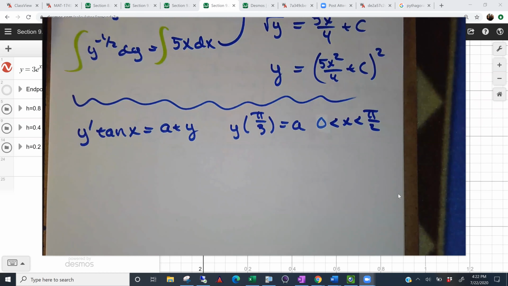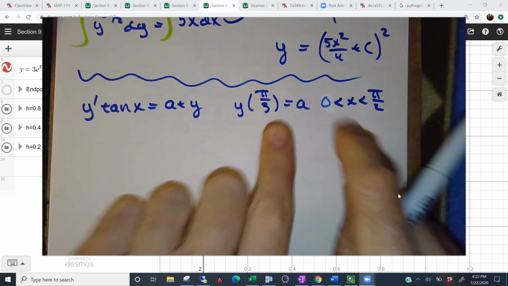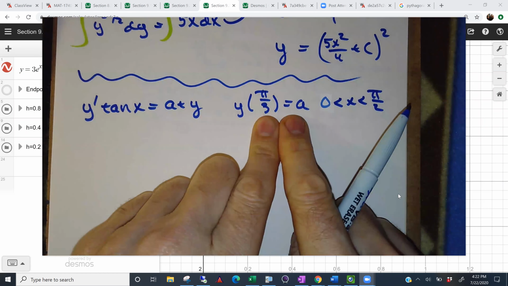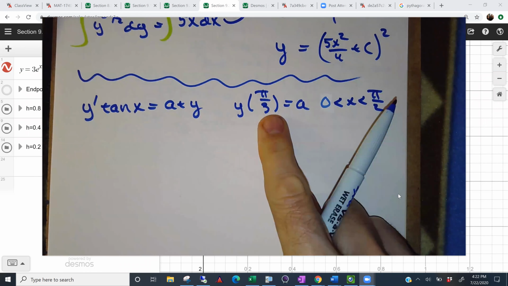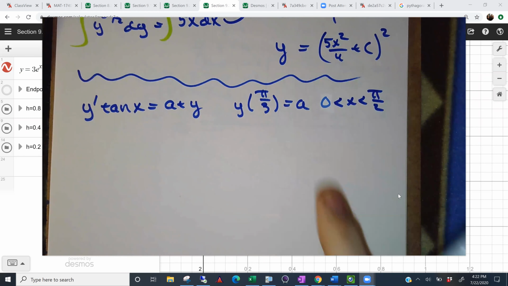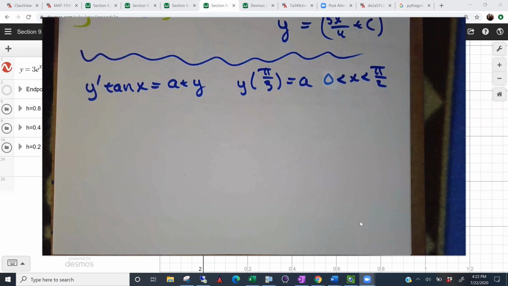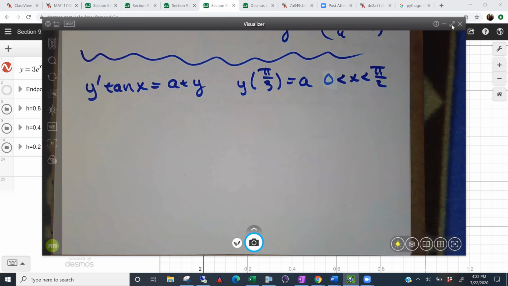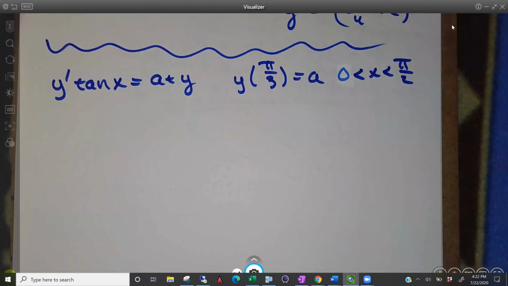All right, so this is your initial condition that at x equal pi over 3, the function equals a. So we're going to have to go back and worry about that after we finish solving. For now, let's worry about solving.